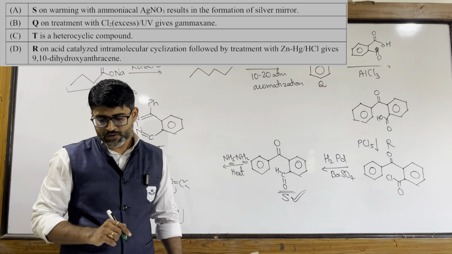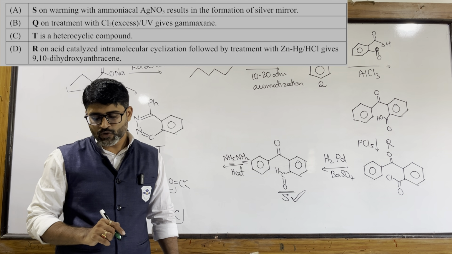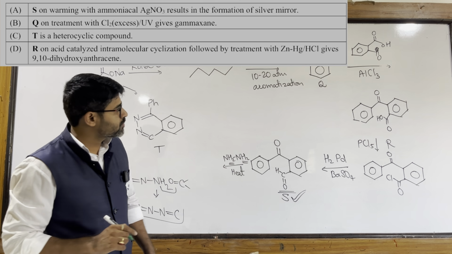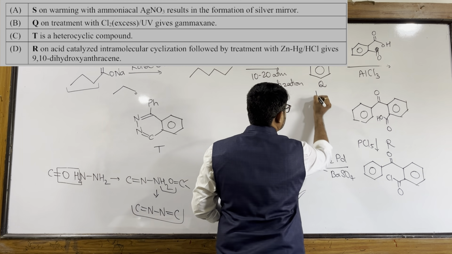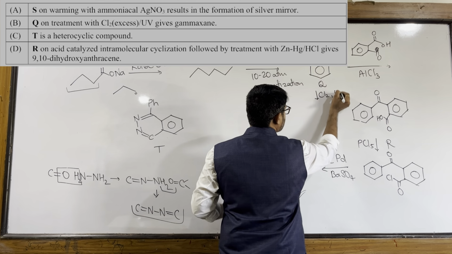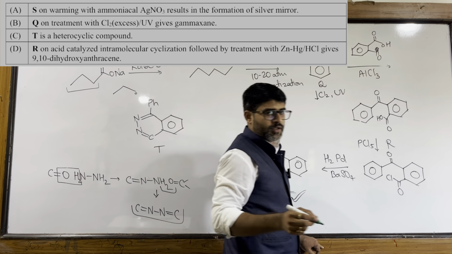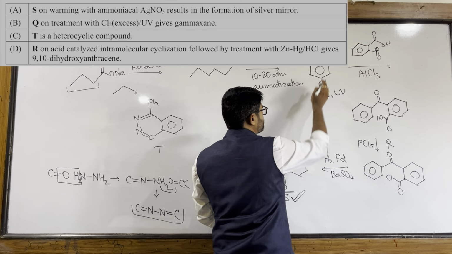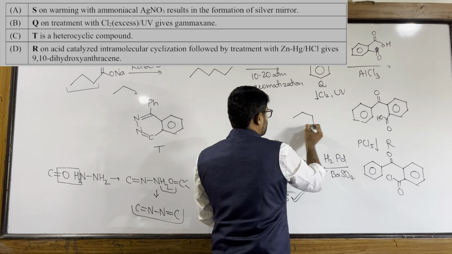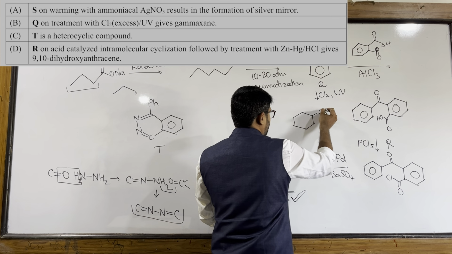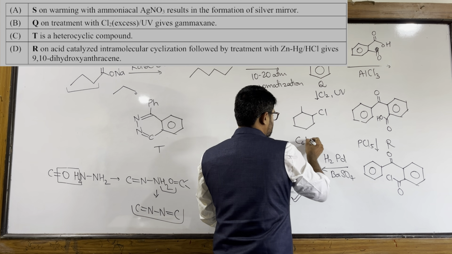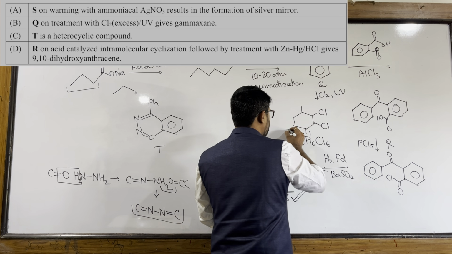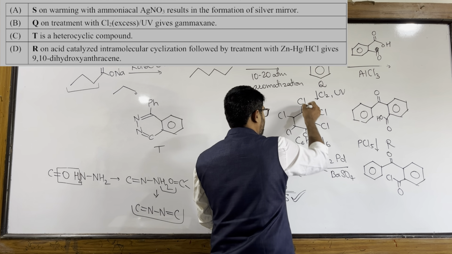Next, option B is Q on treatment with excess Cl2 and UV gives gammaxane. So Q, benzene, on reaction with chlorine in the presence of ultraviolet light, all the chlorines get added to the benzene and we get the product C6H6Cl6, and this compound is named as gammaxane.